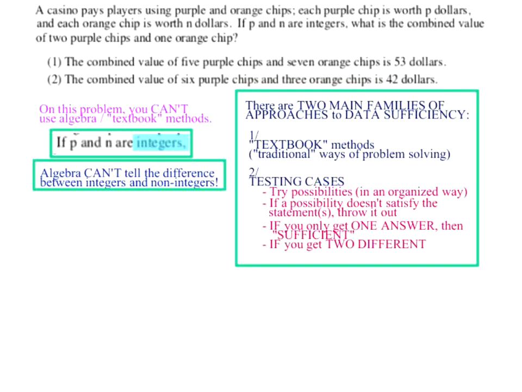There's no need to keep going because you've established insufficient. That's what testing cases is. So what we've got to do in the first statement here is test cases, because again, there's no algebra that can possibly substitute for that. And I know I'm making that point over and over again. But let's look at it.